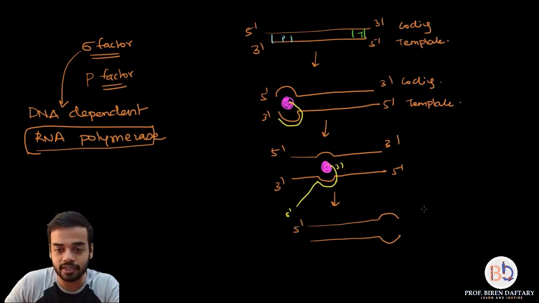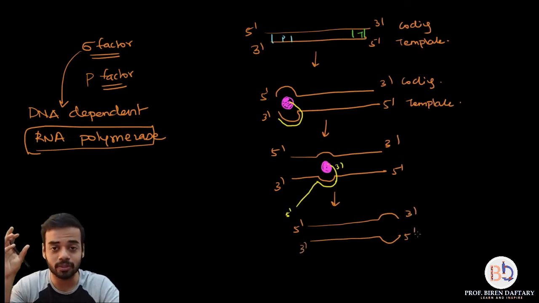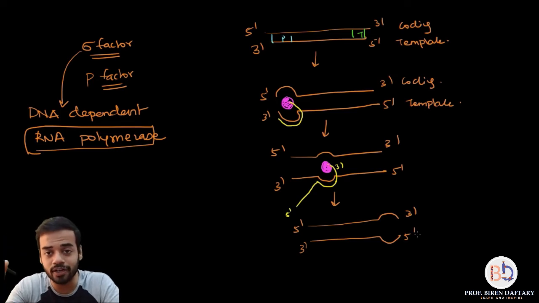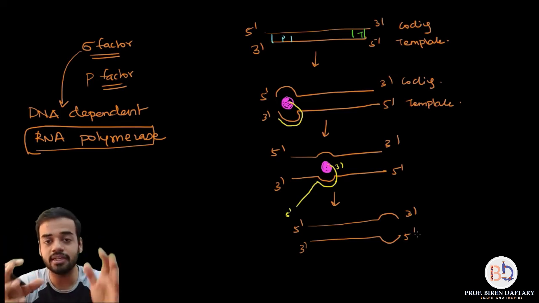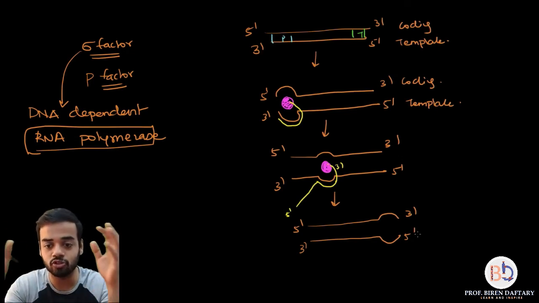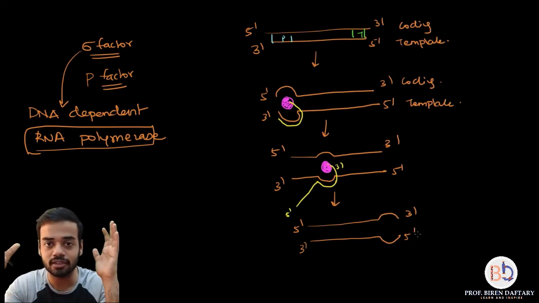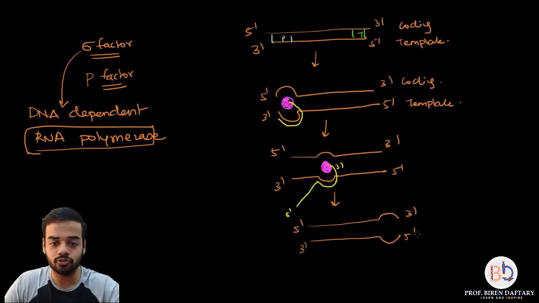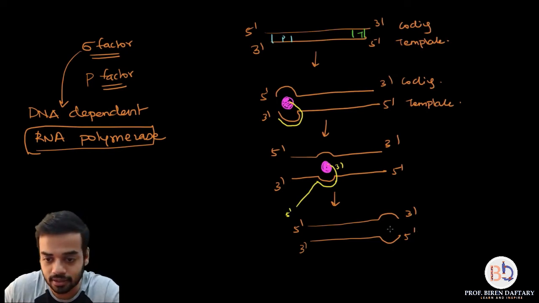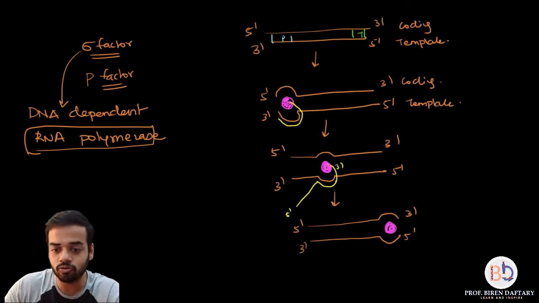As you know, in the terminator region rho factors are present, and what rho factors do is tell the DNA dependent RNA polymerase that transcription is over, now your job is done, and they basically throw off the RNA polymerase from the DNA structure. As soon as the RNA polymerase reaches here, these two strands will be bonded again and the mRNA will be hanging loose again.